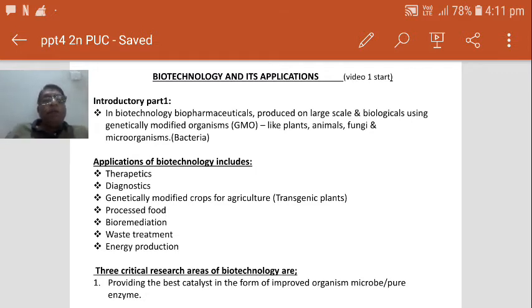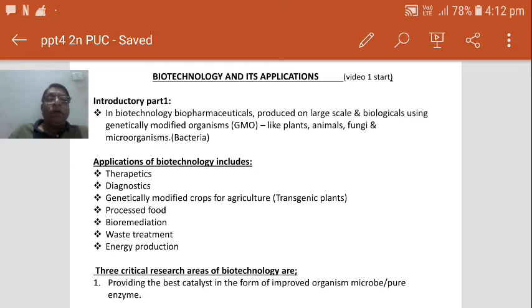In the previous chapter, we have seen different processes. A very important process, rDNA technology, recombinant DNA technology, a very important process of biotechnology. We have seen another technique, separation of DNA molecules.